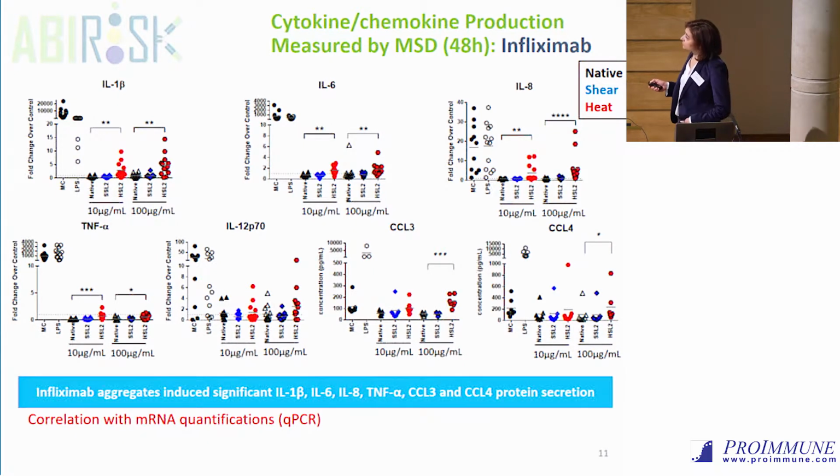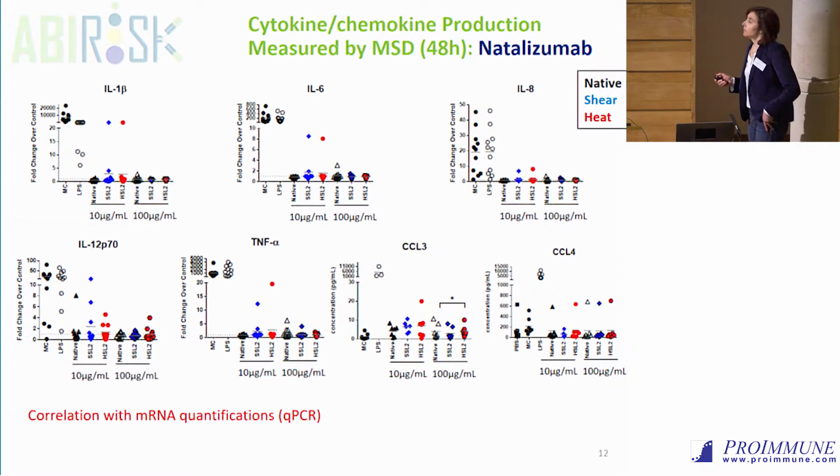And there was also, of course, a nice correlation between these results and the mRNA transcript quantification. On the other hand, you can see that natalizumab aggregates were not able to produce cytokines or chemokines upregulation. Only here a slight increase in CCL3 production.